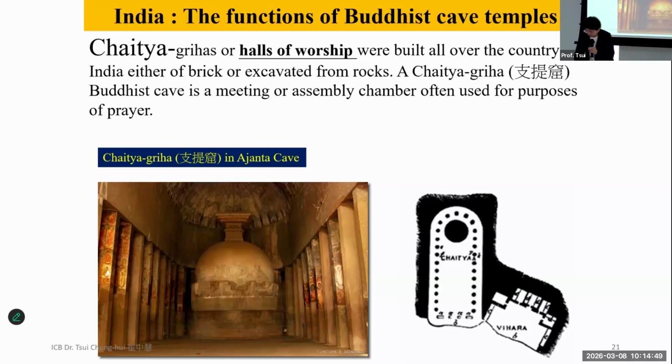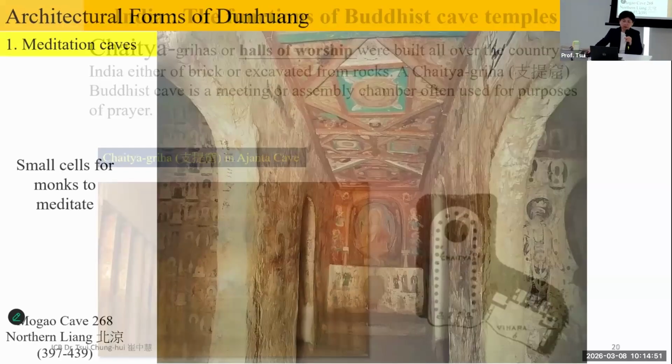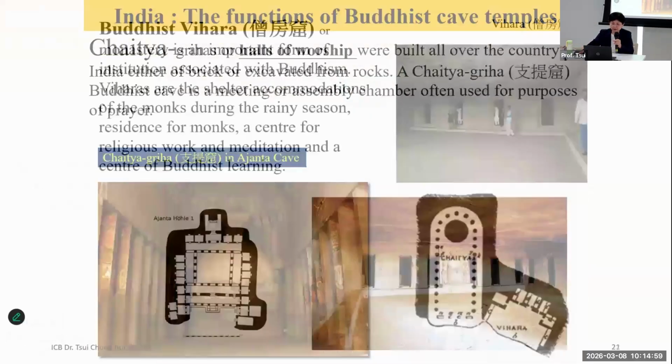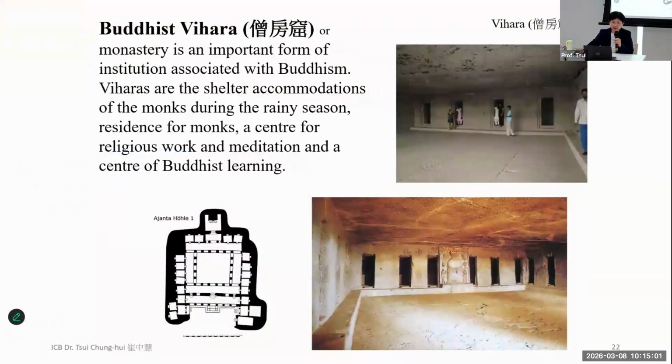In Dunhuang, we can see that in the early caves, they combine the worshiping of the Buddha and the meditation together. So this is a very early cave. And in India, we can also find another very early cave. I think this is the Nasik cave in India.